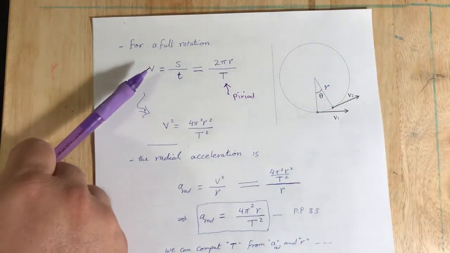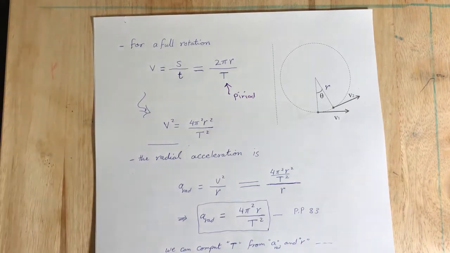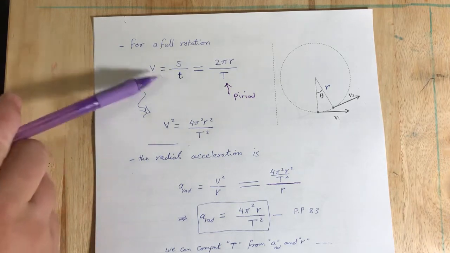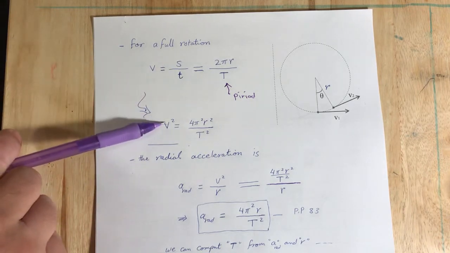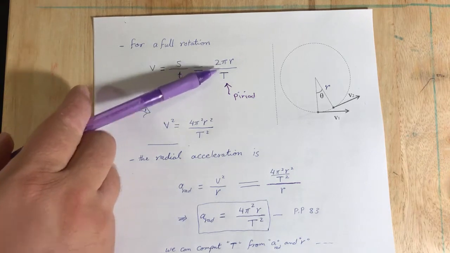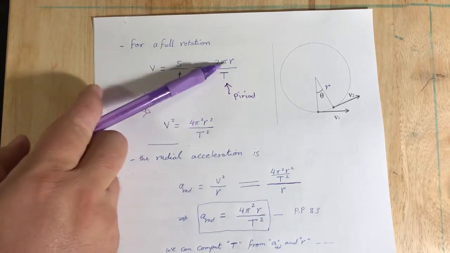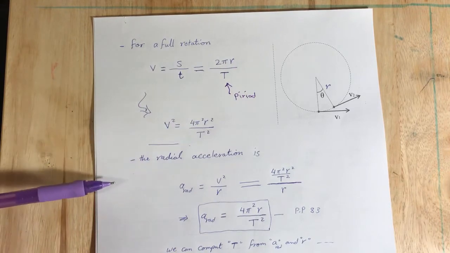If we square the velocity, it will be 4 pi squared r squared over T squared.